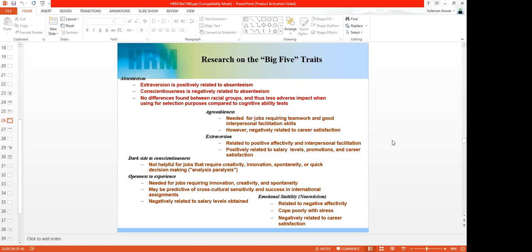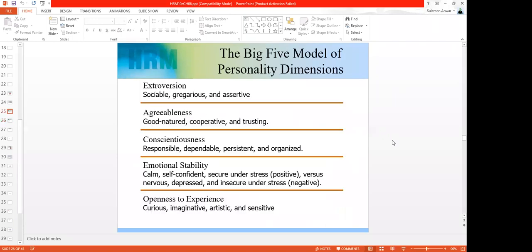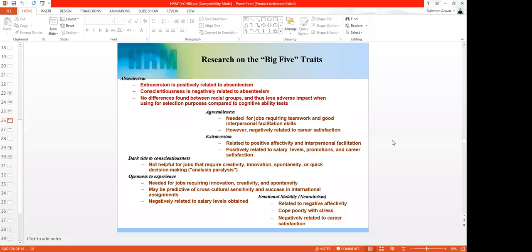Now, in our earlier heading on absenteeism, conscientiousness was negatively related to absenteeism, so we thought conscientiousness is a good thing. Let me show you the conscientiousness example once again. Conscientiousness means responsible, dependable, persistent, and organized. But there is a dark side of conscientiousness as well.